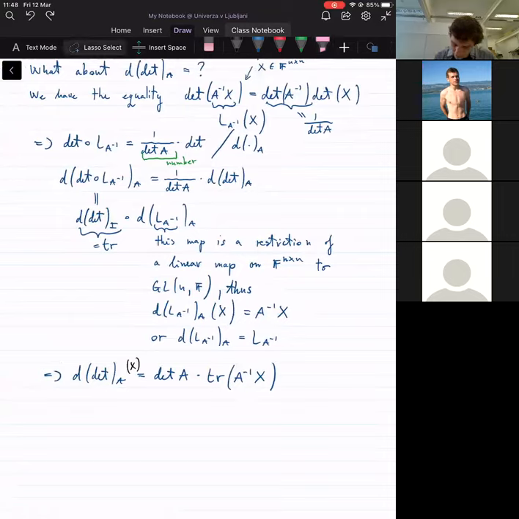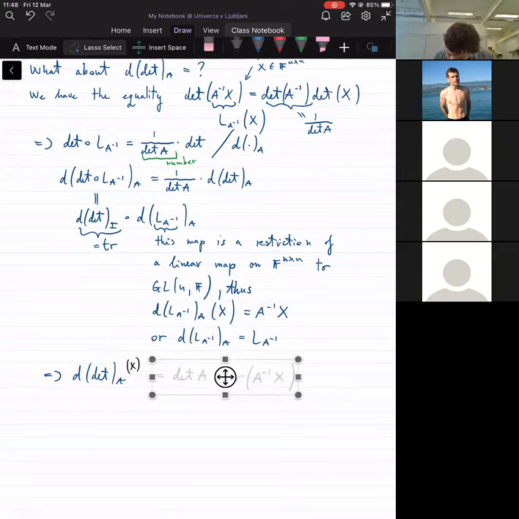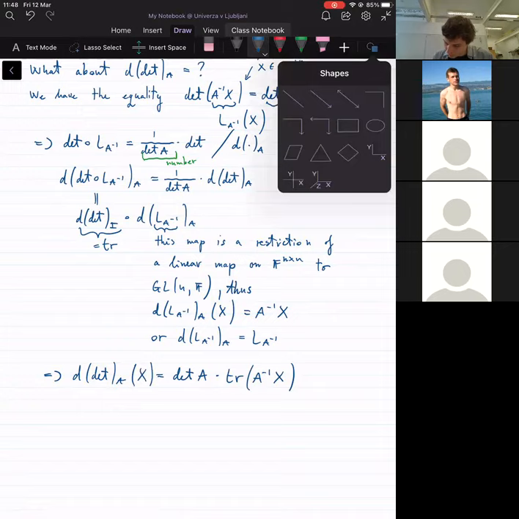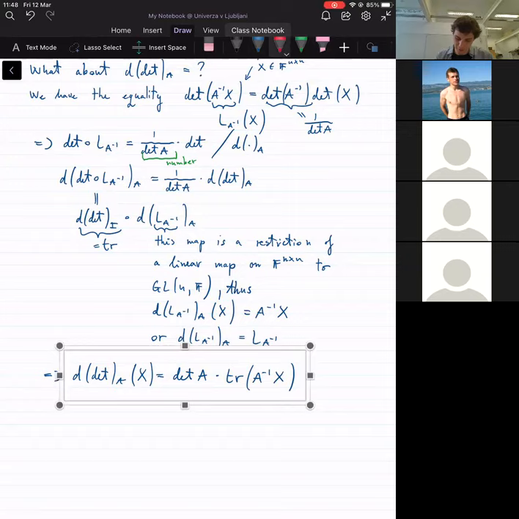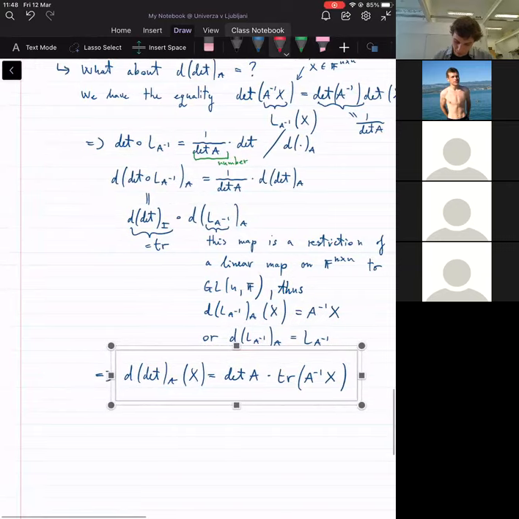Okay, so I'm going to write this in a better way, so it's not all ugly. And this now is a really important equation. It deserves to be put in some brackets.